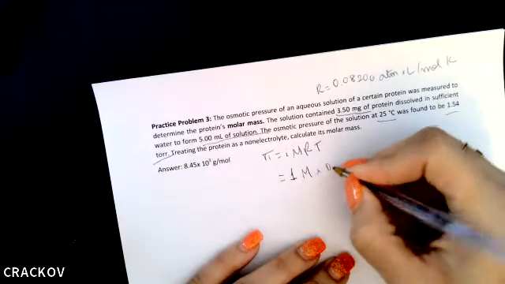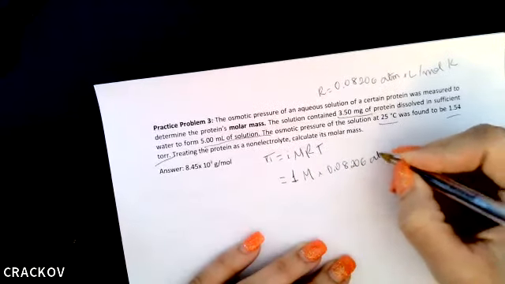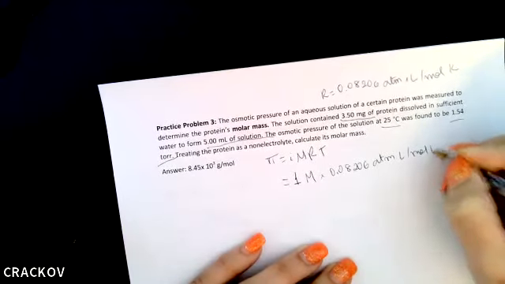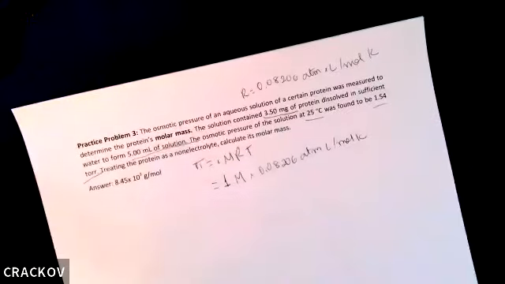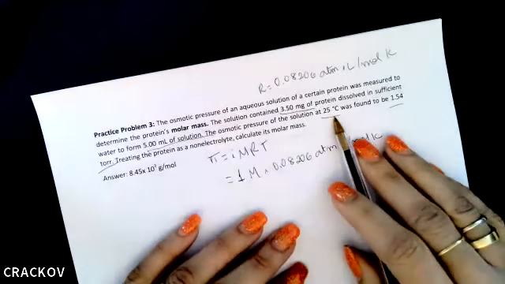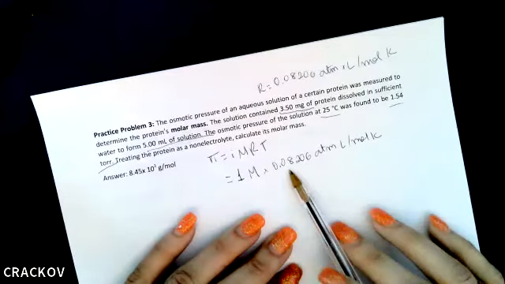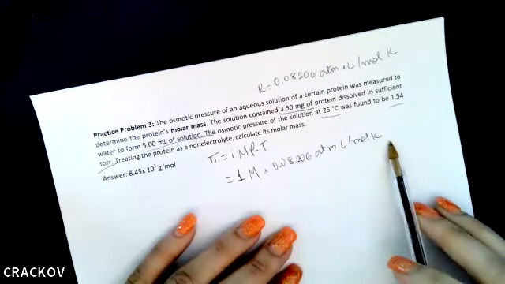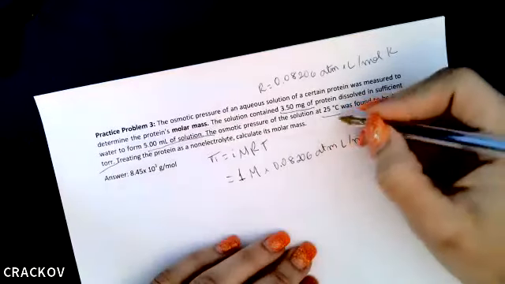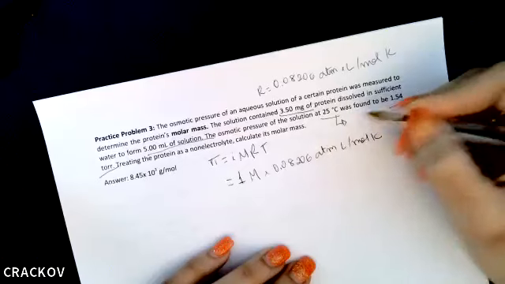Times 0.08206 atm liters per mole Kelvin, times T. T is temperature, and was given in Celsius. Our R is in atm liters per mole Kelvin, so let's keep all the temperature in the same units.